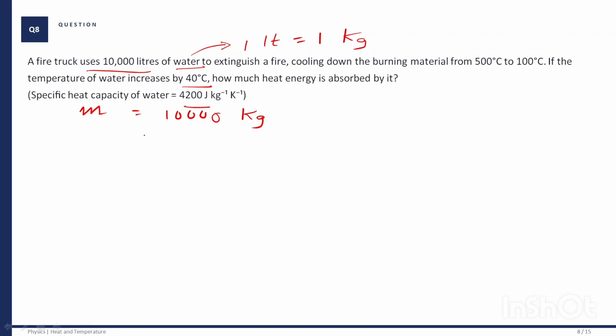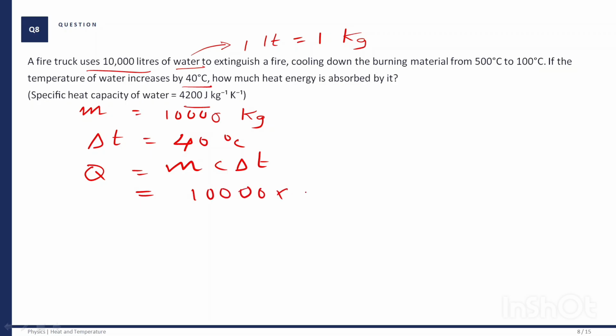We need to find the heat energy, and delta T is given, 40 degrees Celsius. To find the heat energy, we have a formula Q equal to M C delta T. M is 10,000, into C is 4200, the change in temperature is 40 degrees.